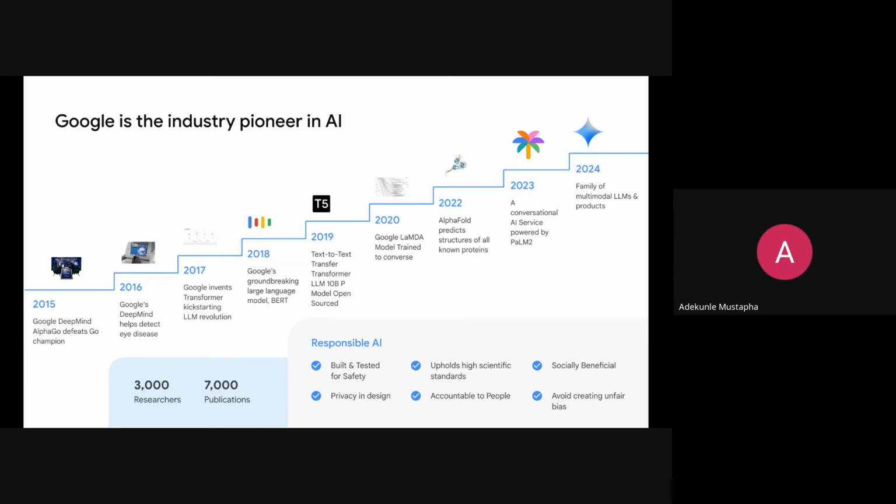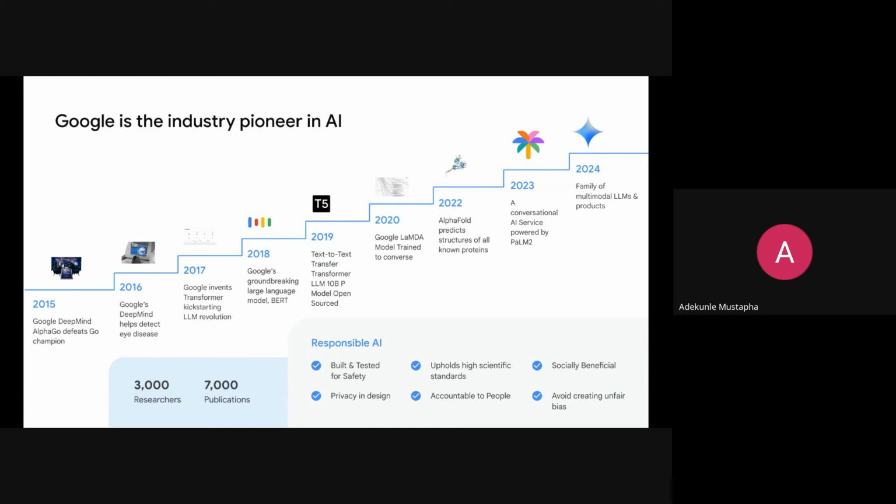In 2017, they invented the Transformer, kickstarting LLMs. Most LLMs are built off the Transformer; the underlying model that powers most of them is a Transformer model. This is the pivotal moment of the current LLM journey.